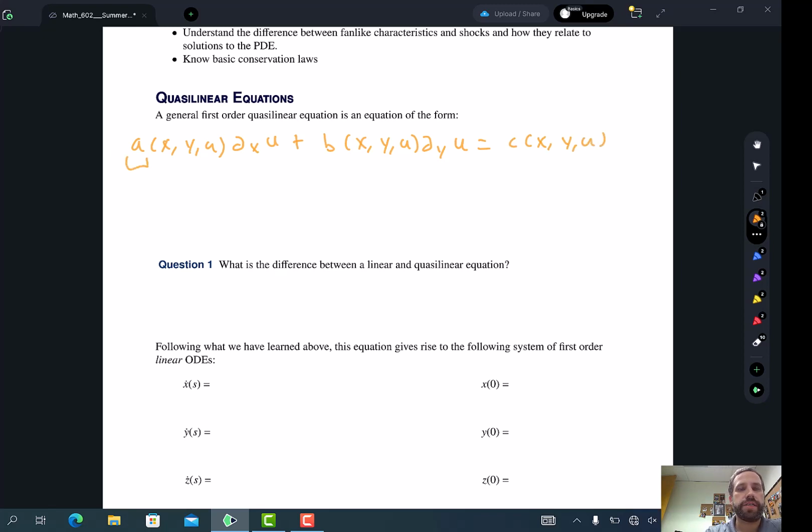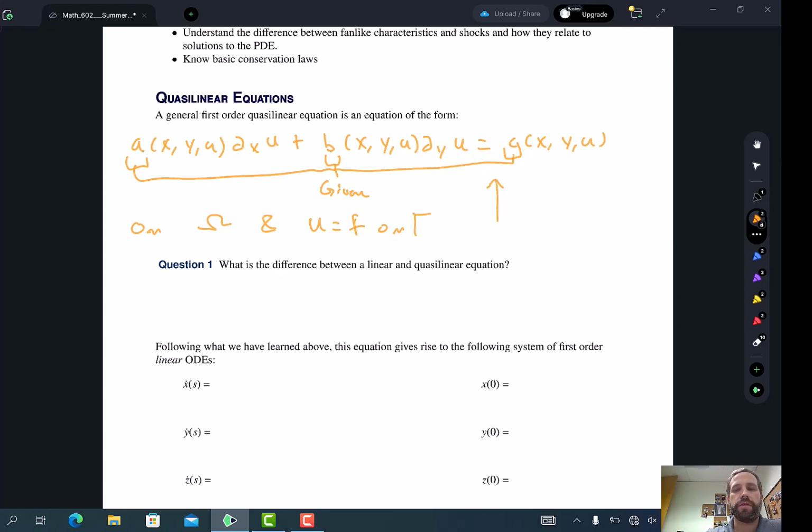So here the functions a, b, and c, these are all given. And we assume that this is on some domain omega, and we assume that we know that u is equal to some given function on a curve gamma through the domain.